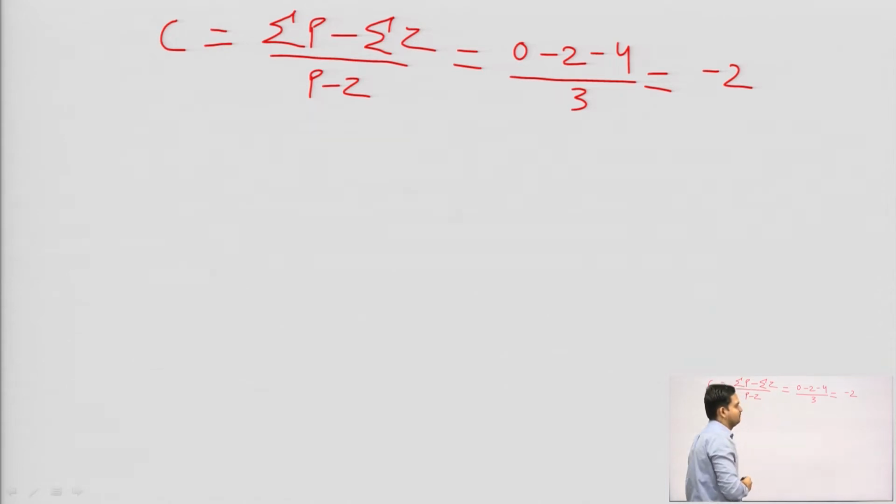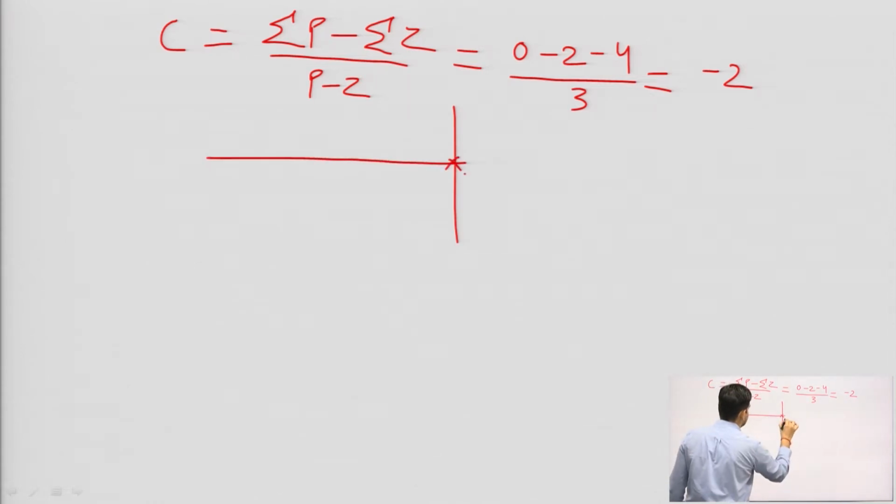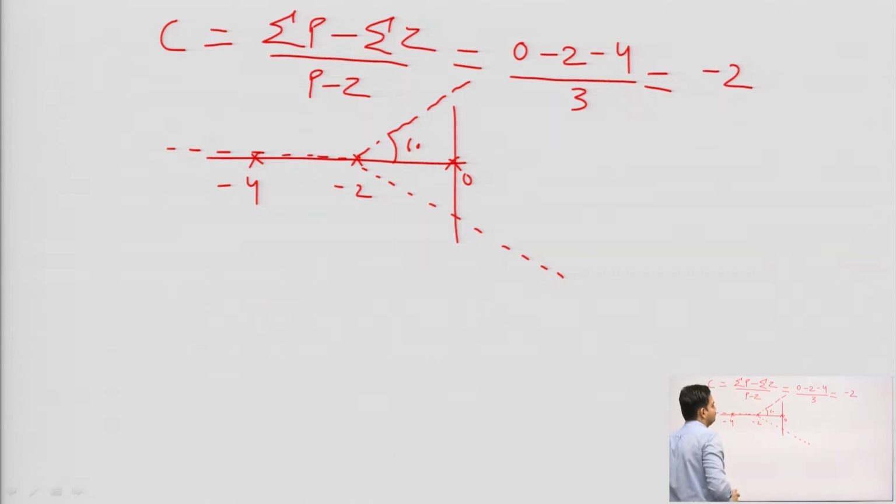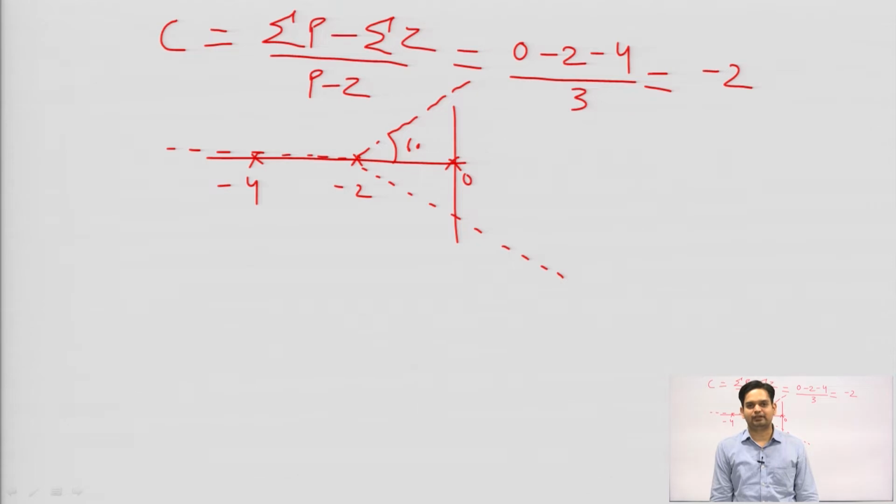So the centroid point is -2. From the -2 point we need to draw 3 angles, since there is one pole at origin, one at -2, one at -4. From point -2 I will draw 3 angles: one going at 60, one at 180 and one at 300. So these 3 lines are telling us how our poles are approaching infinity.